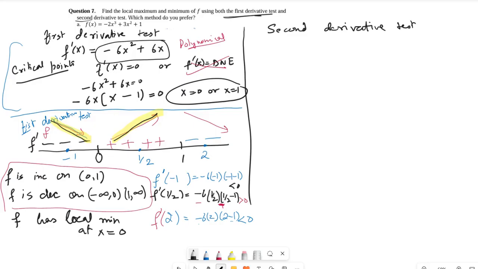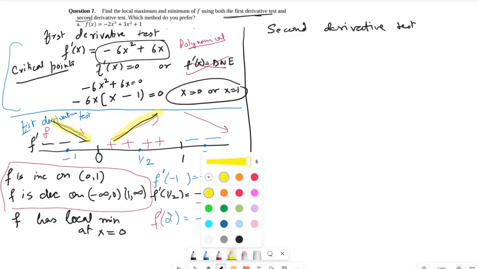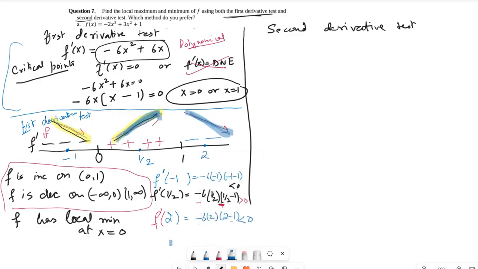Similarly, if f prime changes sign from positive to negative, that means it was going up and started to go down, there it will have a local maximum. So f has a local maximum at x equal to 1. So that is the local max and minimum of f using this.